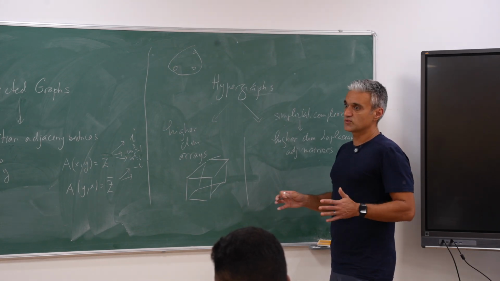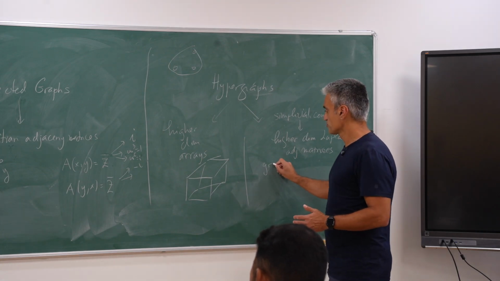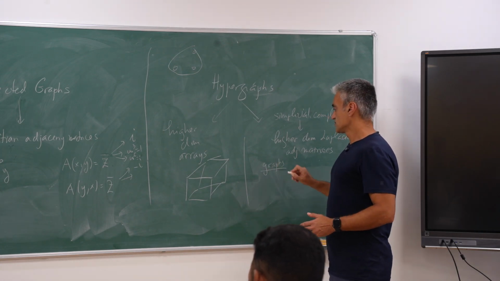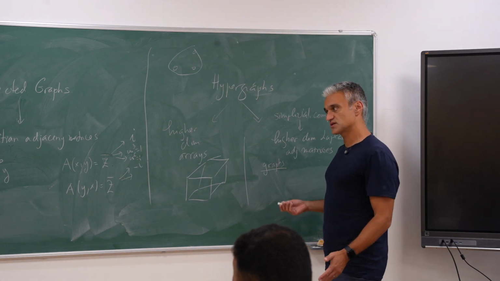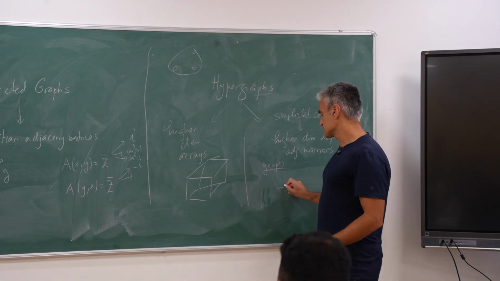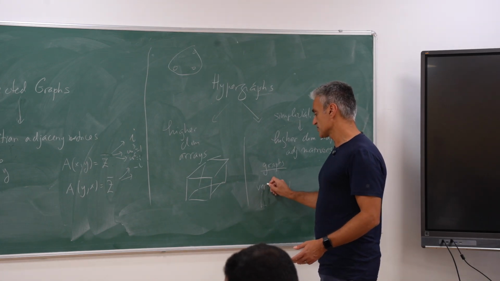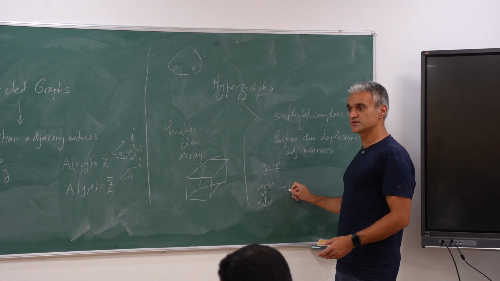A graph is a kind of one-dimensional simplicial complex. So what happens for graphs? You saw in the presentation by Professor Karan, you have the Laplacian. The Laplacian arises from this incidence matrix between vertices versus edges. That's how you get the Laplacian.